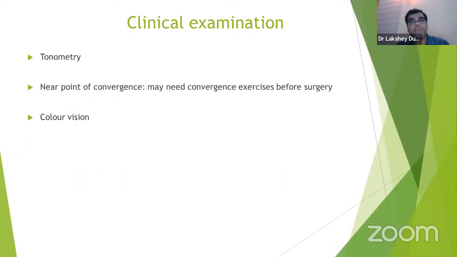Other points in examination are tonometry and near point of convergence. If convergence is weak, the patient may need convergence exercises before surgery. Usually myopes have low convergence, and when we correct myopia after LASIK, sometimes patients have difficulty in reading.